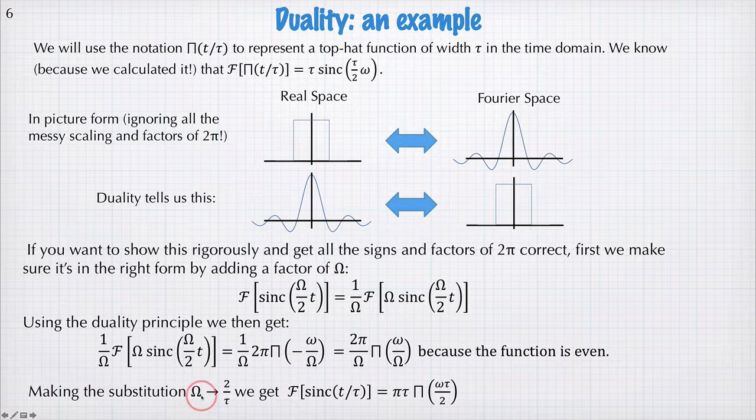And we can make a substitution here that big omega is 2 on tau, if we wish, and then we get that the Fourier transform of sinc of t on tau is pi tau times top hat of little omega tau on 2. And so we've computed the Fourier transform of a scaled sinc function using the duality principle, not actually having to integrate anything. So what this is telling you is that once you've computed the Fourier transform in one direction, you don't then have to compute the transform explicitly in the other. You can figure it out using the duality principle.